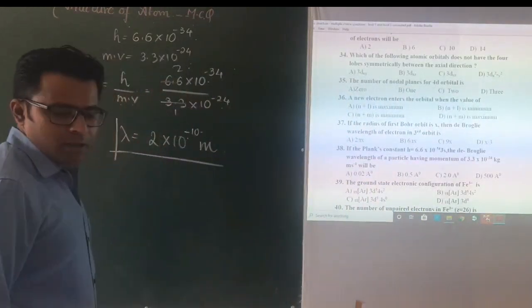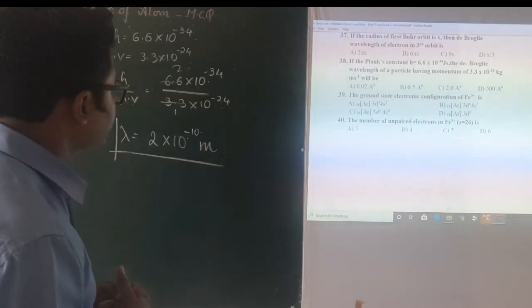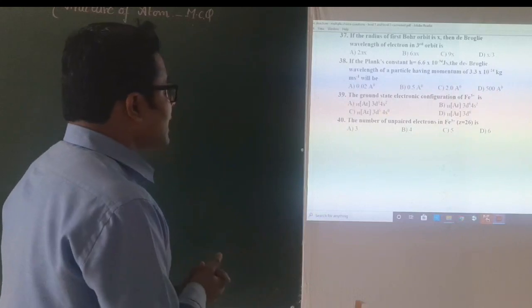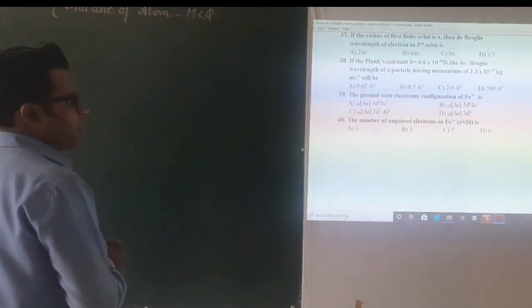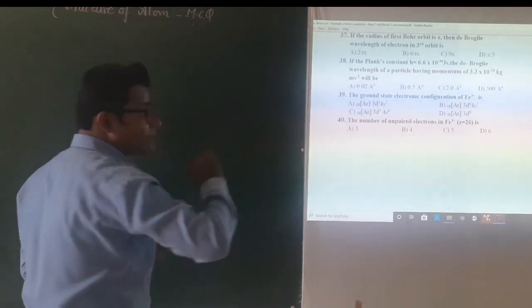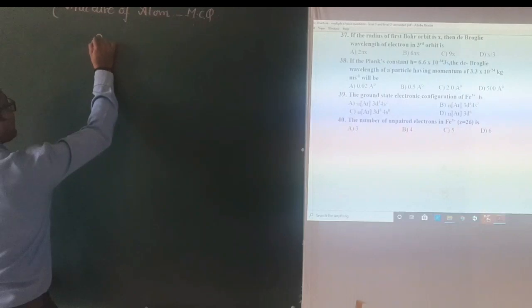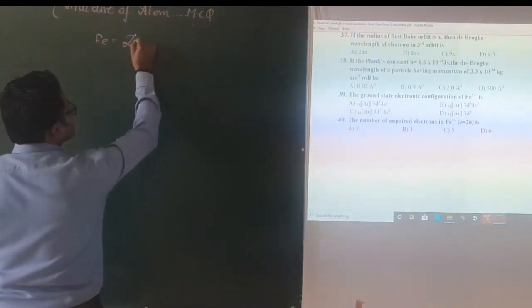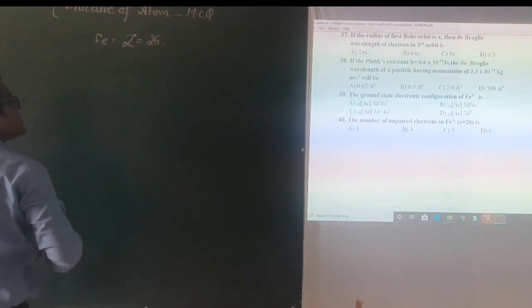Moving forward, question number 39. The ground state electronic configuration of Fe plus 3 state. Now they have given us the Fe plus 3 state. First, we shall understand Fe. The atomic number over here is 26.